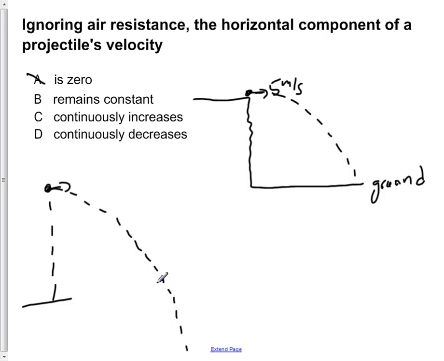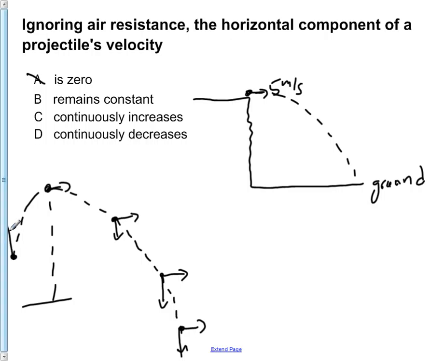So you have an x velocity and a y component of velocity. B states it remains constant. Well, in this direction, if we've just thrown a ball, there is nothing to accelerate it in any direction, so as it's falling, its velocity remains constant, while the vertical, the y component, will increase as it's falling and decrease on its trip up.